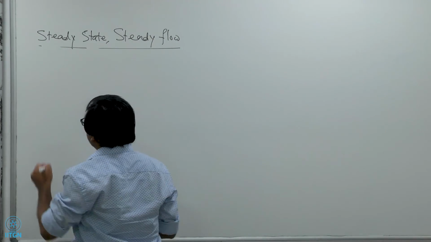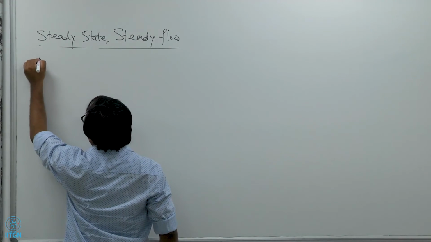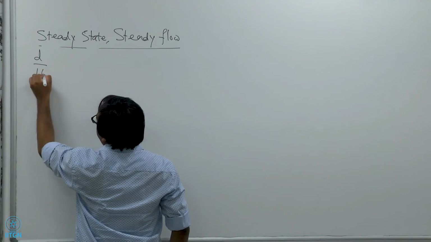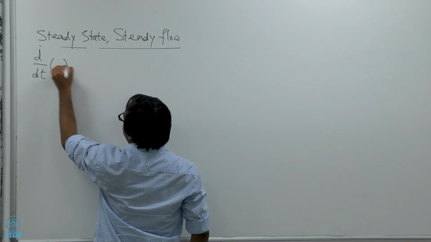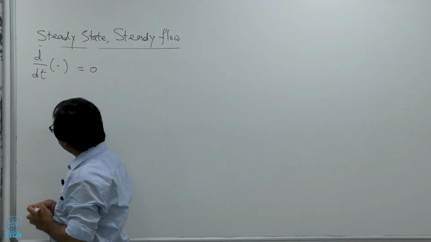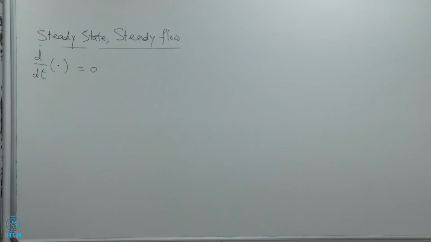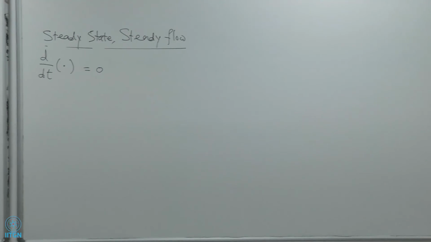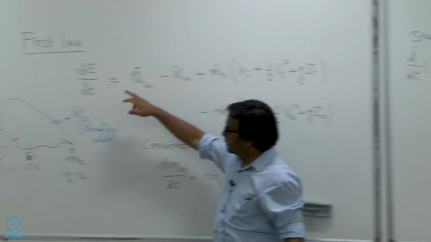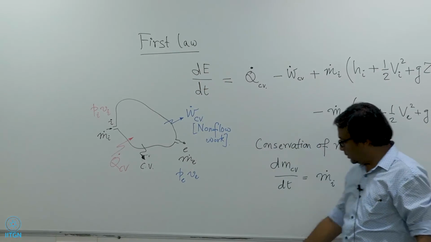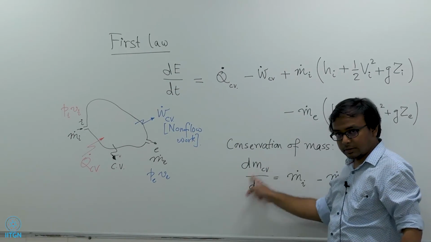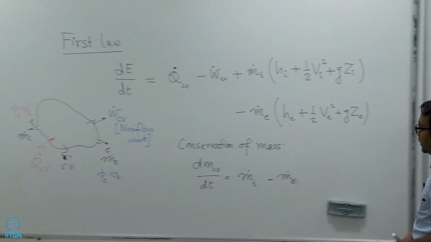Steady state means, as we discussed in the previous class, Professor Bhargav discussed that d/dt of any term goes to 0. So, you can drop the time derivatives, which means that from the first law this left-hand side term drops out, and here this left-hand side drops out. Okay.